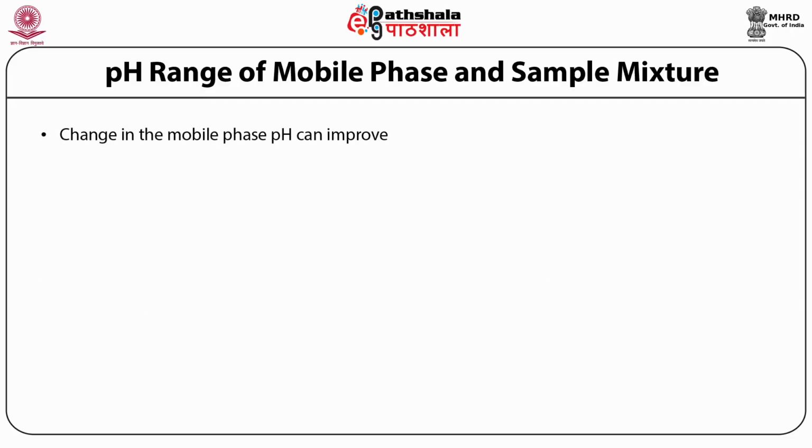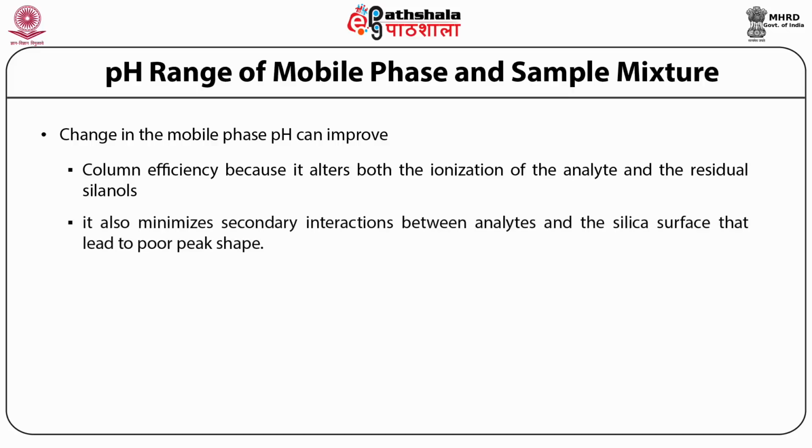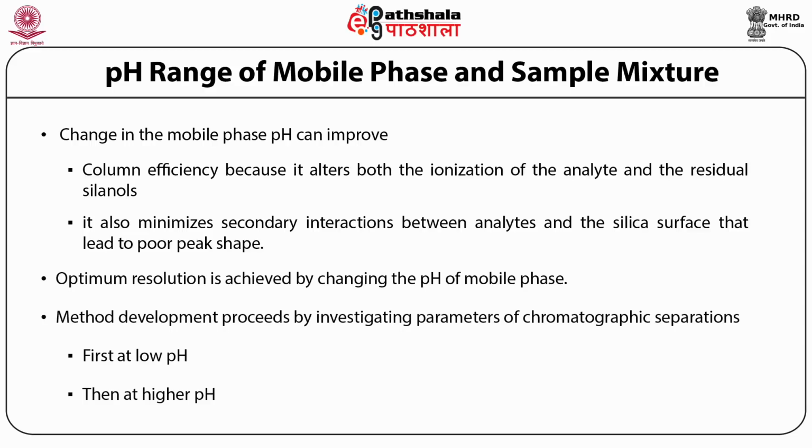Change in the mobile phase pH can improve the column efficiency because it alters both the ionization of analytes as well as the residual silanols. It also minimizes the secondary interactions between the analytes and the silica surface that lead to poor peak shape. Optimum resolution is achieved by changing the pH of the mobile phase.